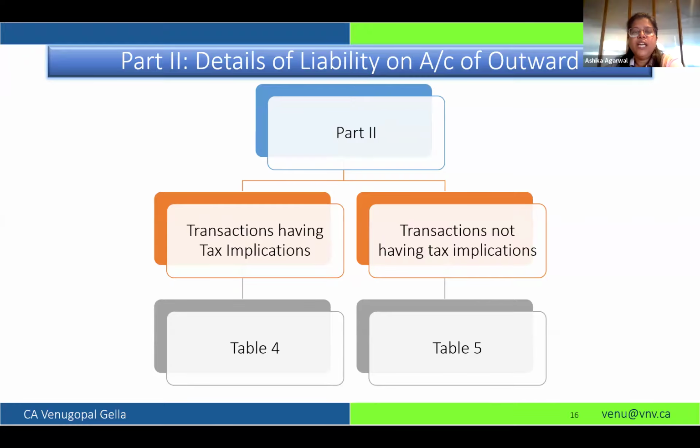In table 4, they are trying to capture the outward supply on which we are liable to pay the taxes, means the turnover on which GST is leviable. Table 5 also deals with turnover, but this is that turnover where no GST liability arises, means where no GST is payable.